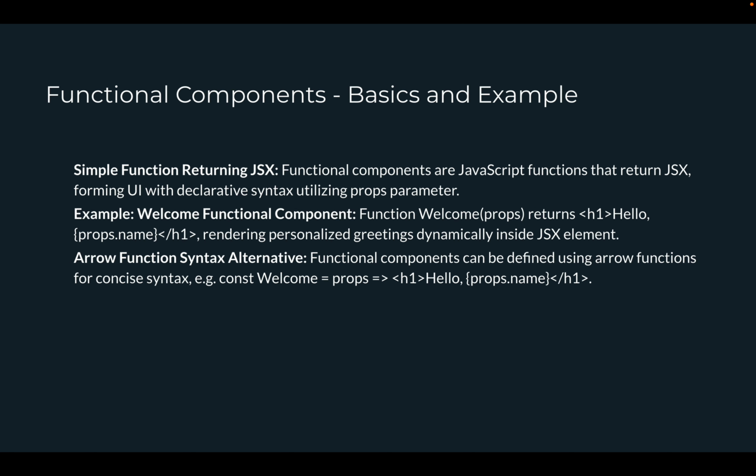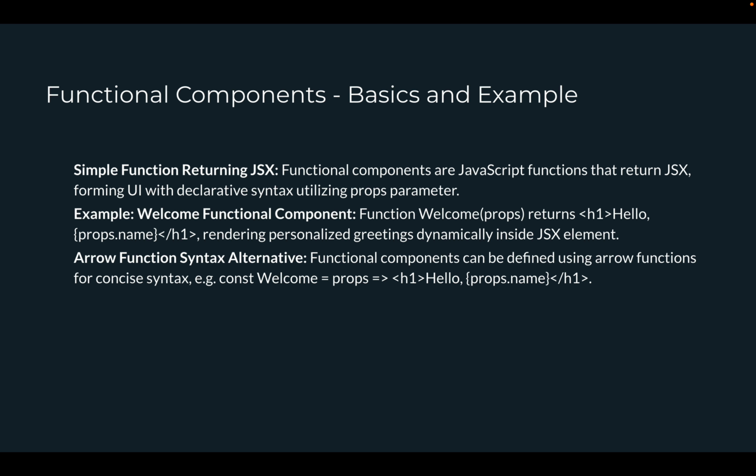Next is functional components. Functional components are JavaScript functions that return JSX, forming UI with declarative syntax utilizing props as a parameter. What is the example of a functional component?